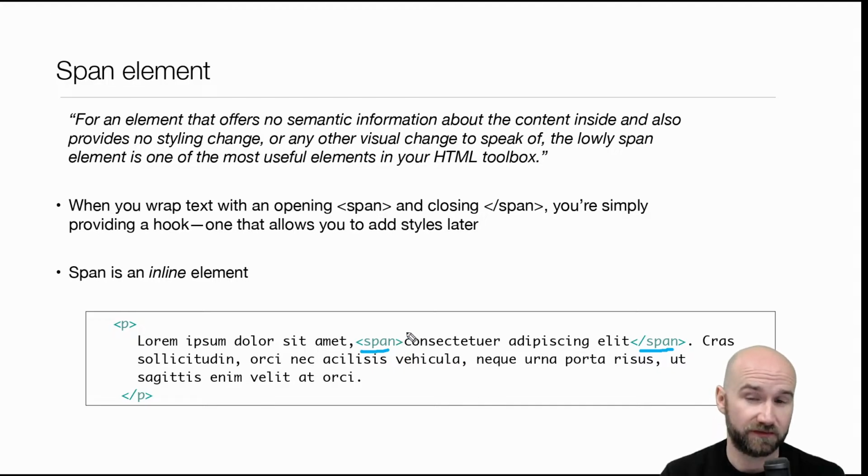What you usually end up doing is giving it an ID attribute so that you can target it specifically and give it a specific style, or you might want to target it via JavaScript. So we'll see this later, but the span does nothing unless you do something with it. You can style all spans using CSS if you wanted to. But typically you end up giving it an ID or a class, which we'll see later, that you can target with CSS to do something to spans with that ID or that class. And you'll see that a bit later.